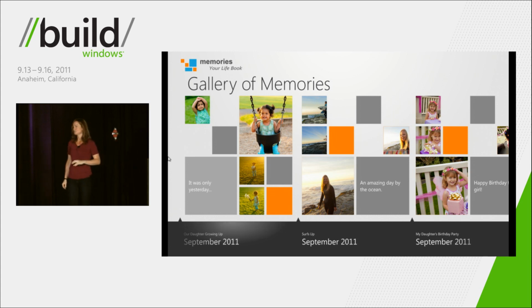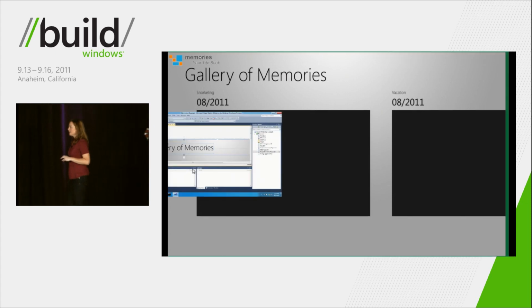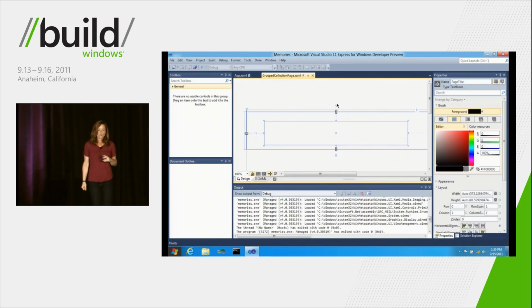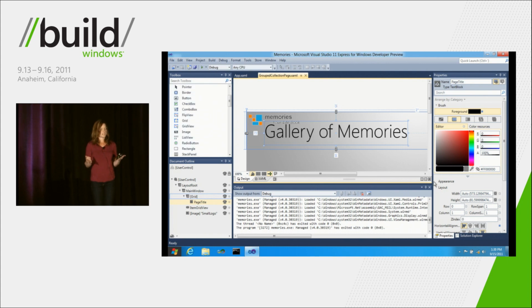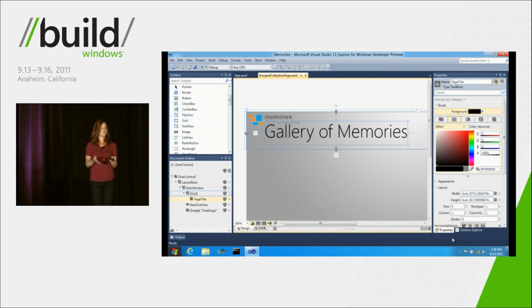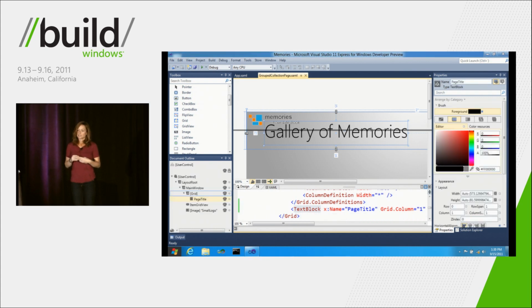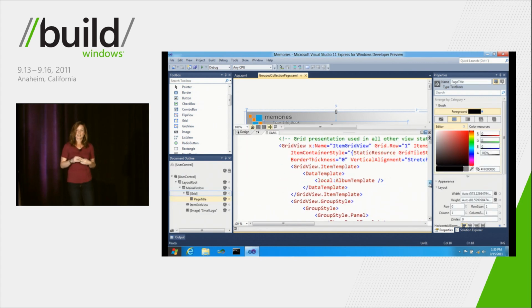So let's go back into Visual Studio and have a look. We're going to use a user control to lay out the items, but what we want to do is put that in the grid view control. So let's take a look at the XAML of the grid view control. In here, you can see that it has an item template.